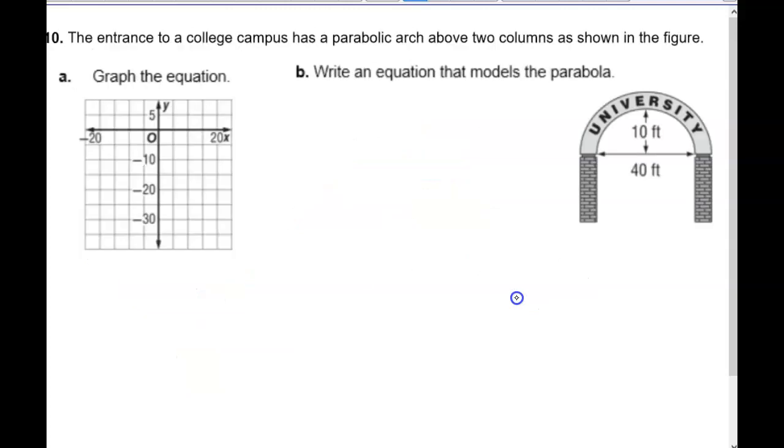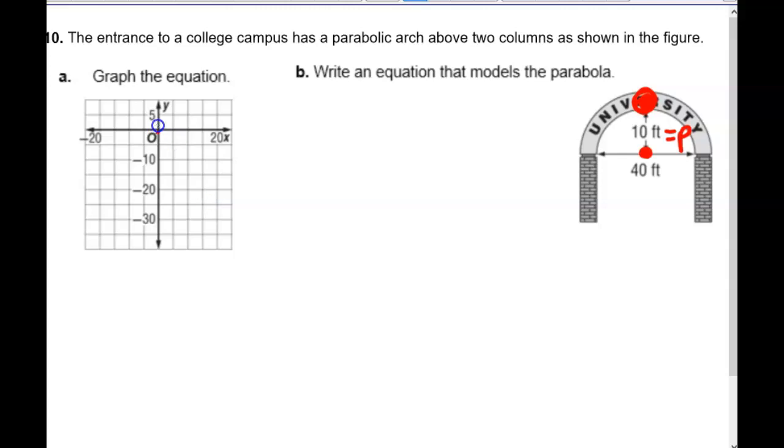Number 10. The entrance to a college campus has a parabolic arch above 2 columns as shown. Write an equation that models this. So if this is the vertex right up here and the focus is here, what's this distance? It's p. So let's try this.